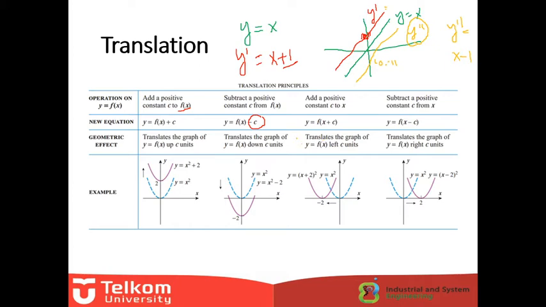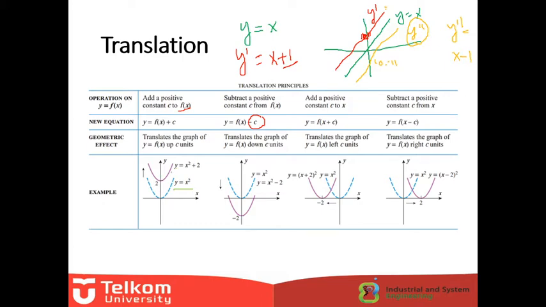Okay, x minus 1. Same with this one, for example, you have the reference graph y equal x square. Then y prime should be x square plus 2, so it means that you have to move up by 2. Move up by 2, 1, 2.